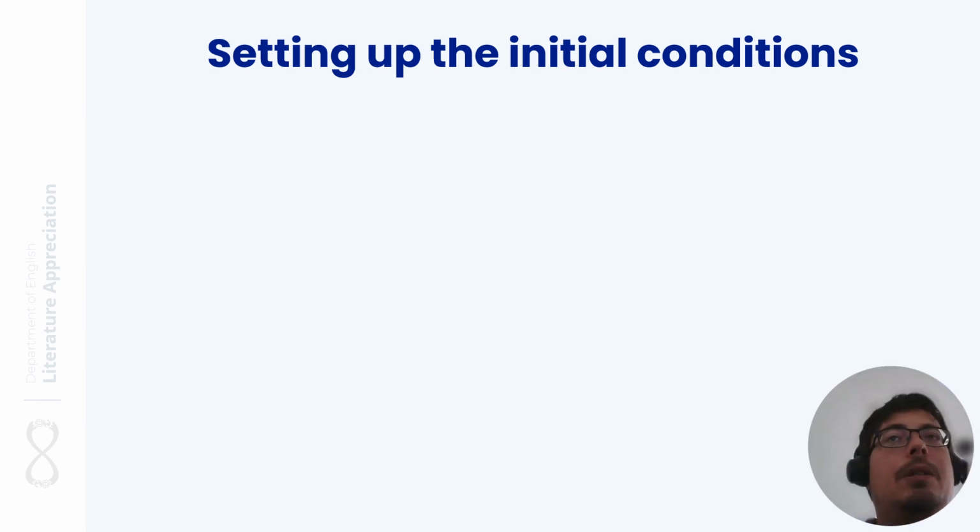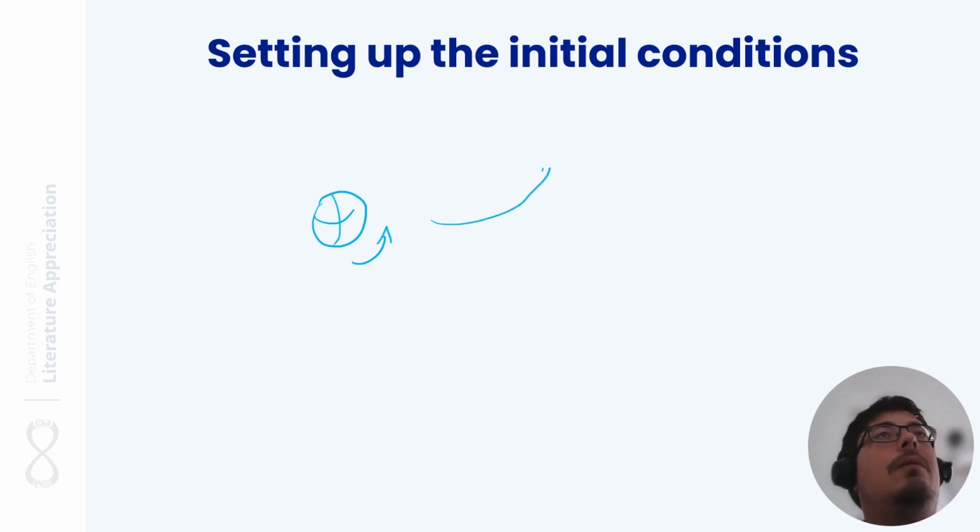Setting out the initial conditions, just to let you know, if you think about a real object, if you impart the rotation to the object, it might curve, as we will see, so we will neglect that.